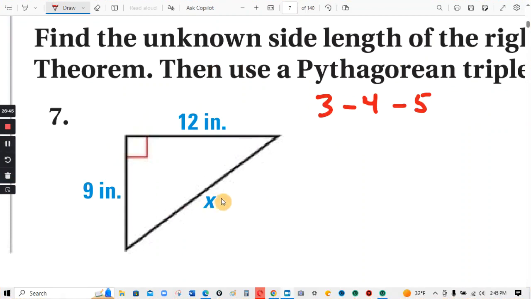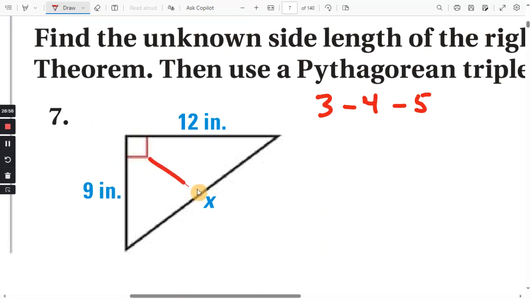See if you can get x right here. Use the 3, 4, 5. See if you can find the multiples. Well, across from the right angle is the hypotenuse. That's the longest one. So 9 is the shortest. How do we get from 3 to 9? Well, 9 is the same as 3 times 3. So we use the 3.